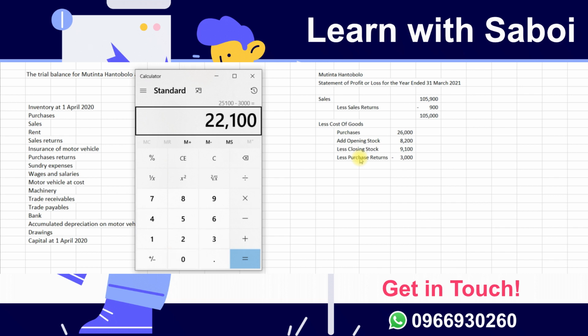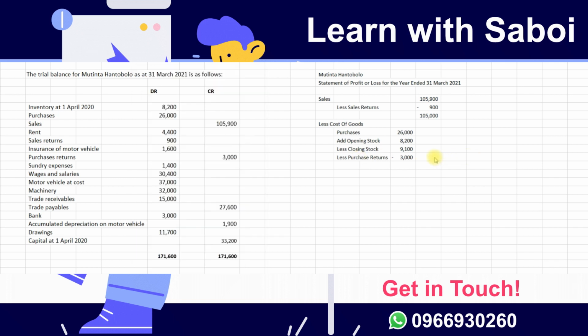This is what it gives us, 22,100. So we are going to write this amount here, 22,100. Good. What we're going to do next is subtract this 22,100 from this 105,000.